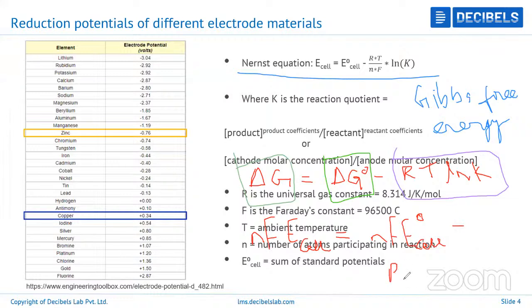So minus NF E cell equals minus NF E naught cell minus RT ln K. This is how we derive the equation.